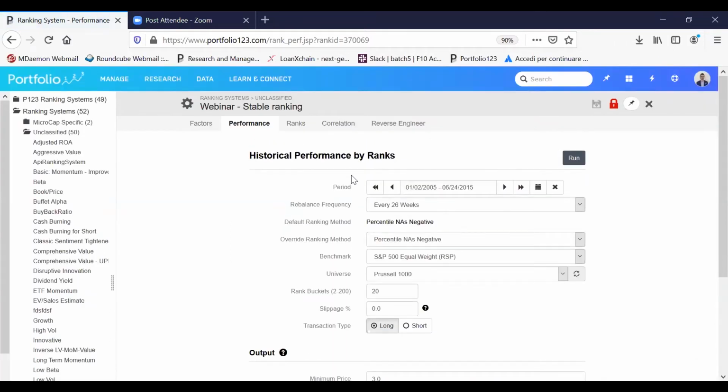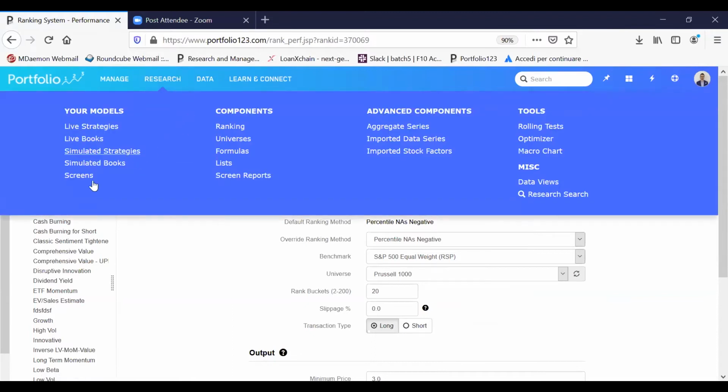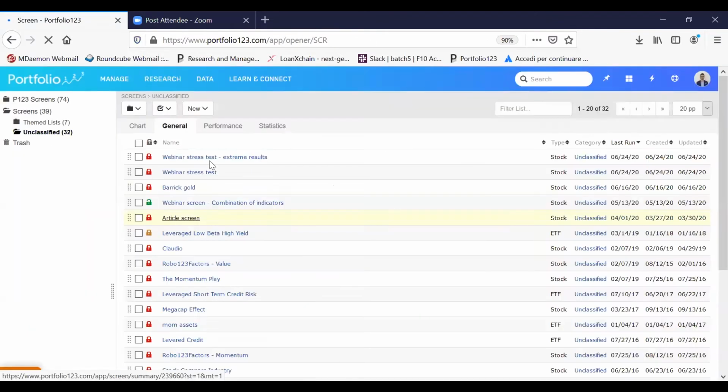So even here, we can say that this stable ranking is not so stable after all. But still, it was showing a bit of predicting power, especially in the last few years, and it's something that you are striving for, to find some outperformance in the last few years. So we are going to give it a shot in a screen and see how it goes.